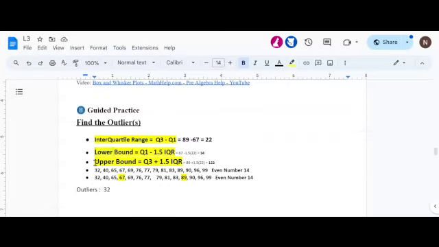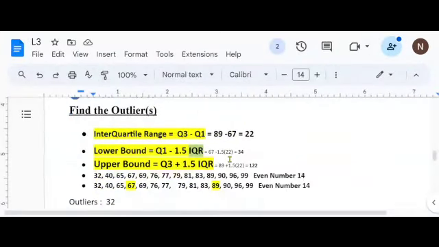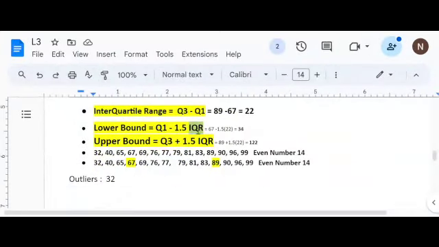Now, another question here, the lower bound. You're going to get quartile 1 and take away from it 1.5. This is a rule that you have to follow. Times the what? The interquartile range. So if I zoom in here, take a look. Quartile 1, how much? 67. 1.5 times what?